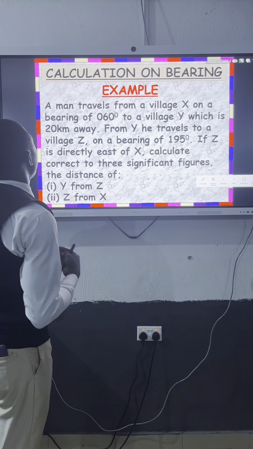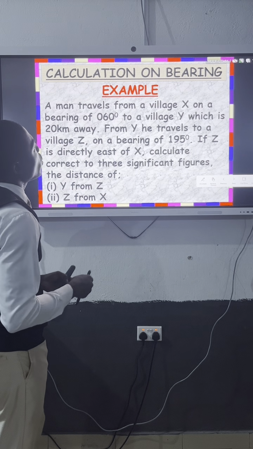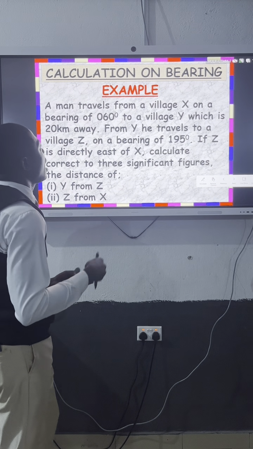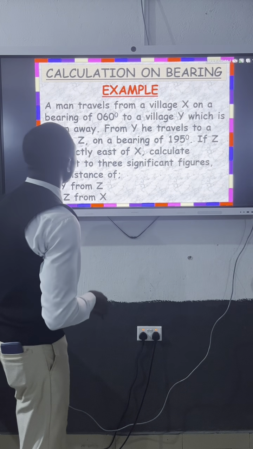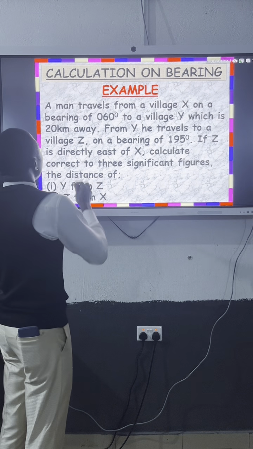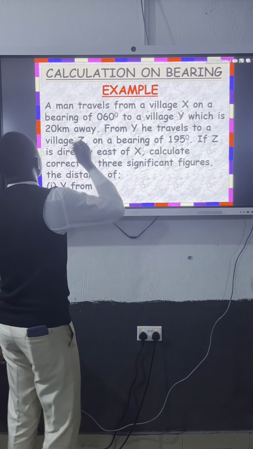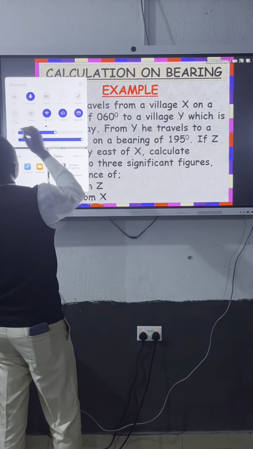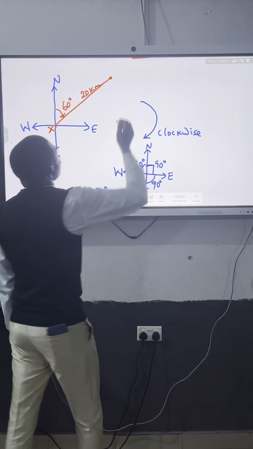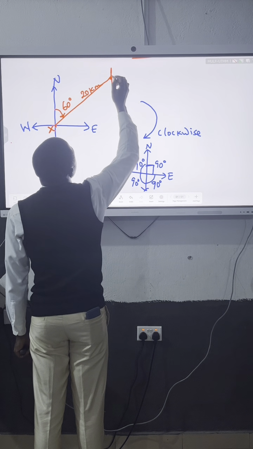Now, let's see what happens at village Y. A man travels from village X on a bearing of 060 degrees to village Y, which is 20 kilometers away. We have treated that first part. Now, from Y, he travels to village Z on a bearing of 195 degrees. So at this place now, you are going to produce another line to indicate your north.